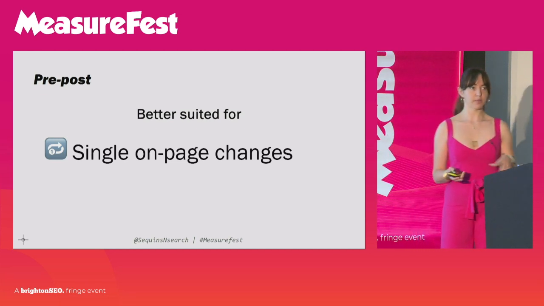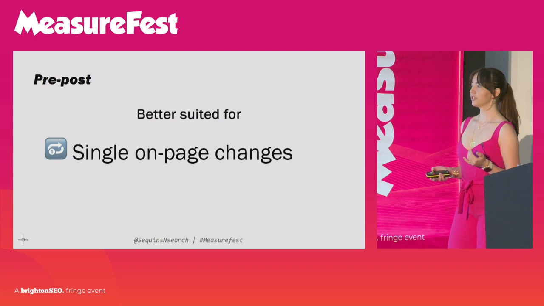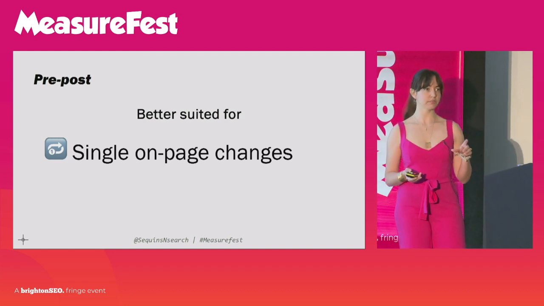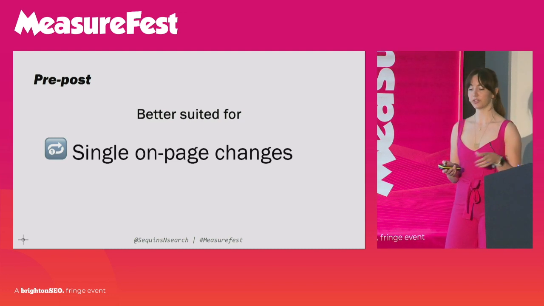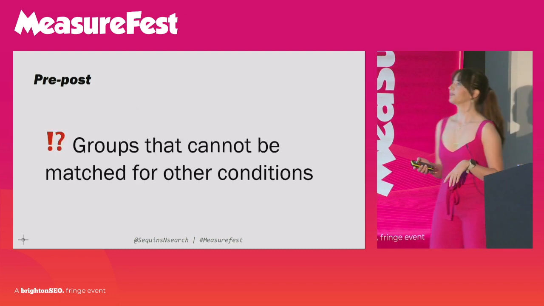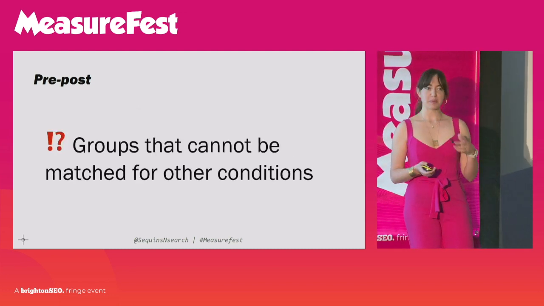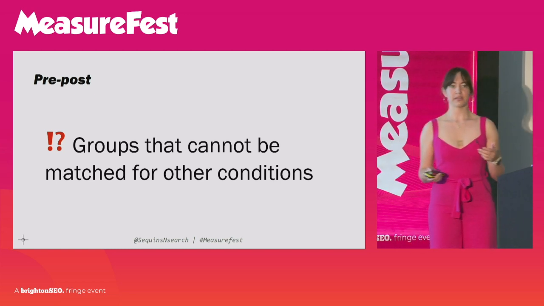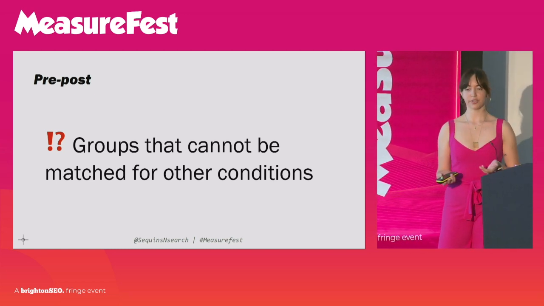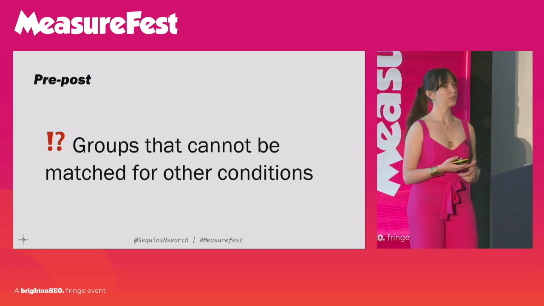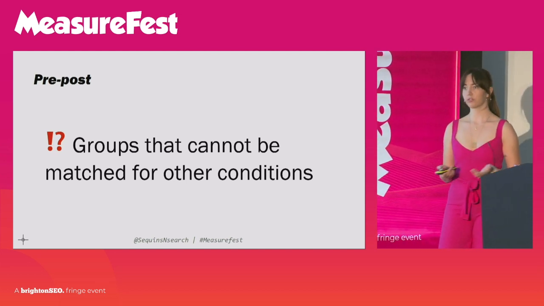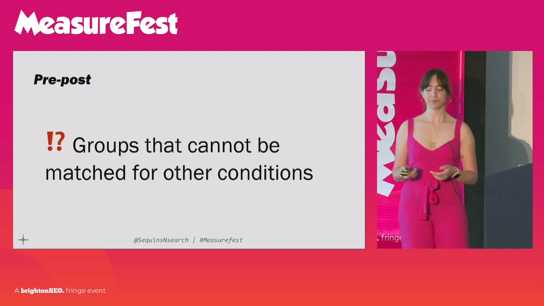So when you have, for example, as we've seen before, a title change that goes up on either one single page or a test group. Also for groups that cannot be matched. So that means, for example, when you don't really have a variant that you can use because maybe the sample's too small, the traffic's too low, there's not really a good match for that test.